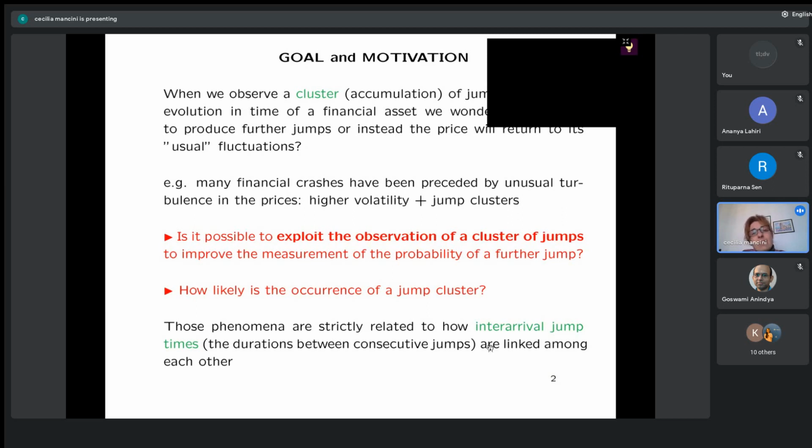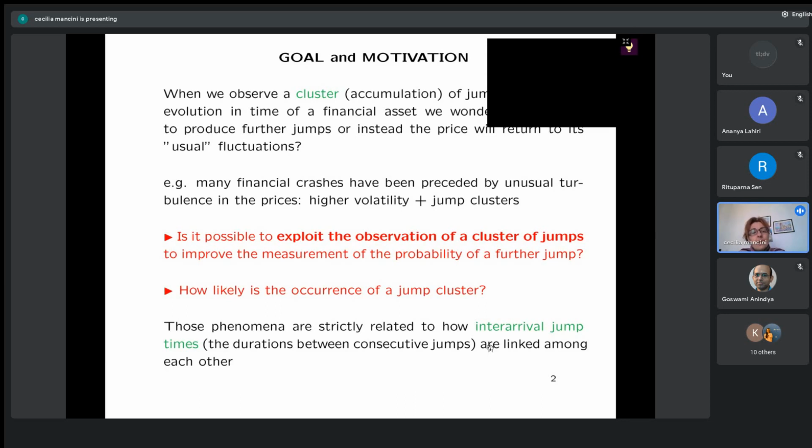The problem here is the following. When we observe a cluster of jumps, that is an accumulation of jumps in the price evolution of a financial asset, we wonder whether this cluster is already exhausted or is going to continue to produce jumps.